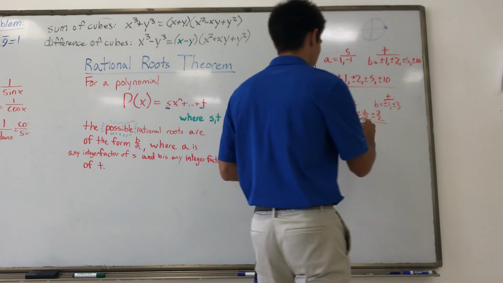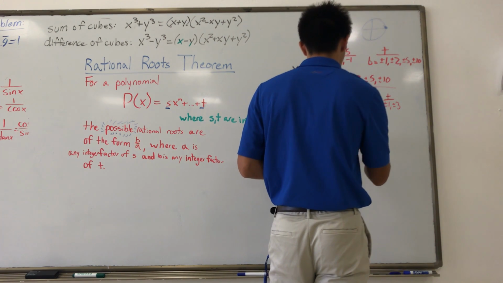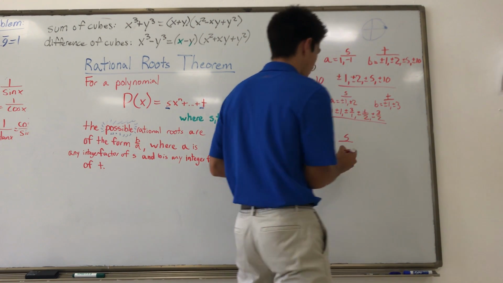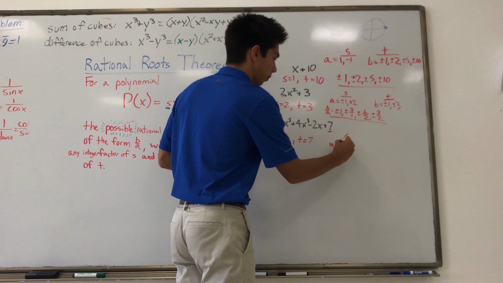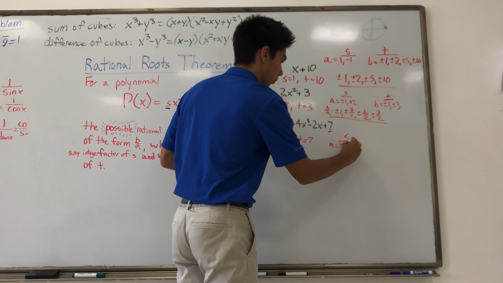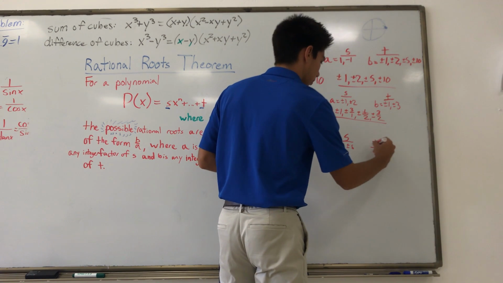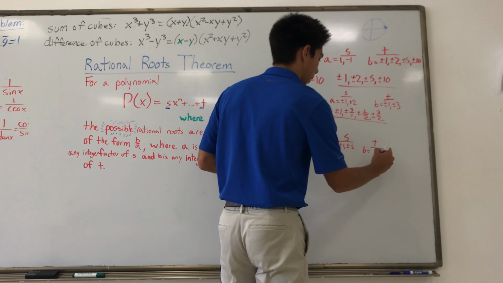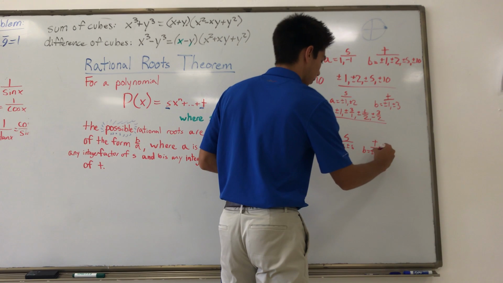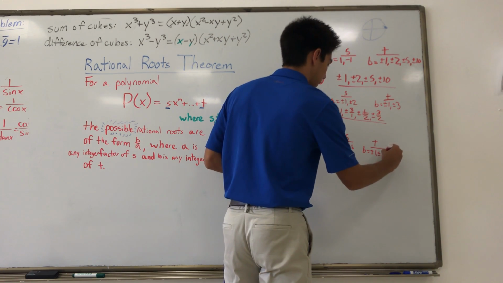Now I'm going to do the same thing over again. The possible factors of s are going to be plus or minus 1, or plus or minus 5. The possible factors of t are plus or minus 1, plus or minus 7.